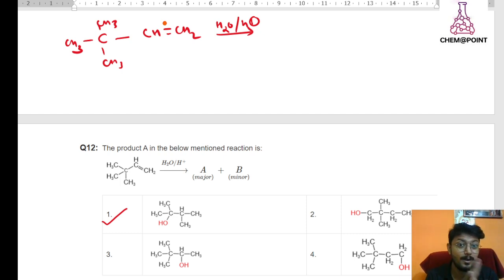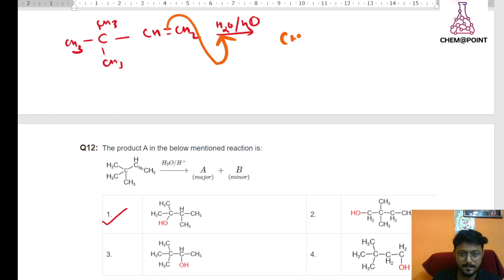The electrophile does not come to the nucleophile. The electron density directly comes to attack the electrophile. So H2O in acidic medium means hydronium ion. So that pi electron density comes to attack the H plus ion.